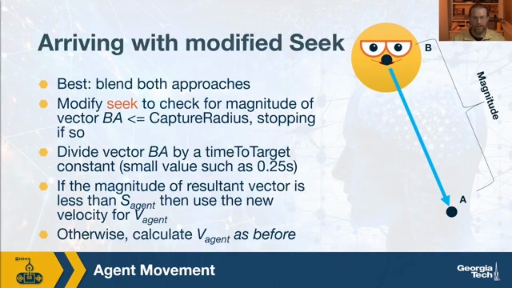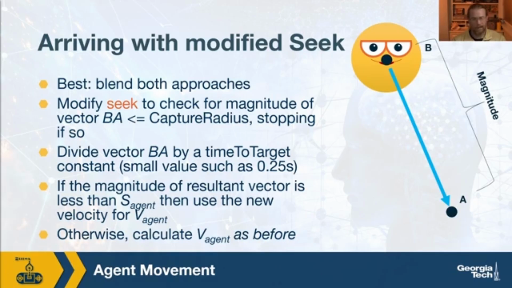So we could actually use both of those approaches. So in order to pull this off, we will modify the seek algorithm that we have looked at so far, and we'll do so in the following ways. First, we are going to check the magnitude of vector BA and see if it is less than or equal to the capture radius.